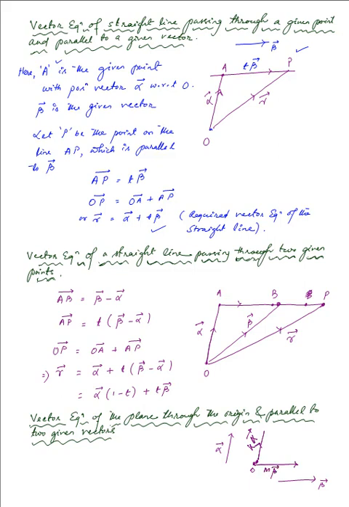So now we have a plane which is made out of two sides which are obviously passing through the origin and parallel to the two given vectors alpha and beta.